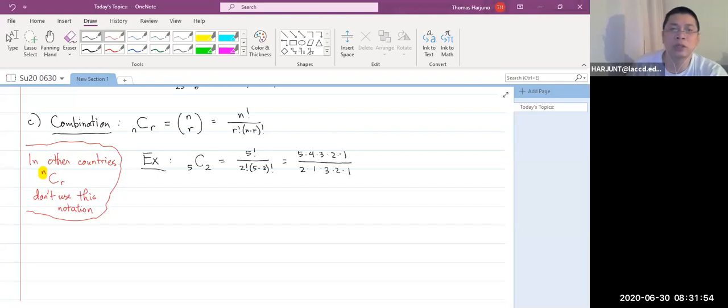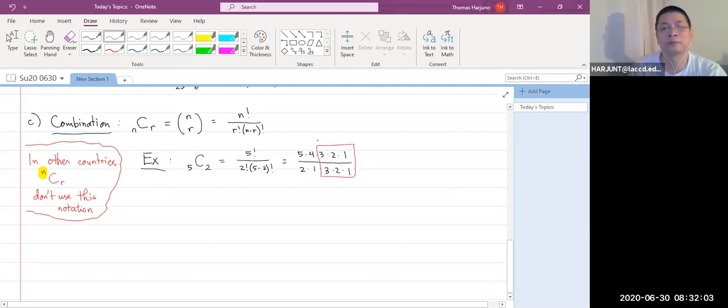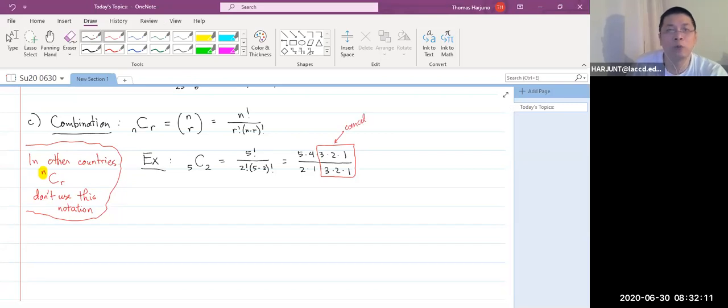Now you will see, just like in permutation, part of that will cancel. So we are left with 5 times 4 over 2 times 1.